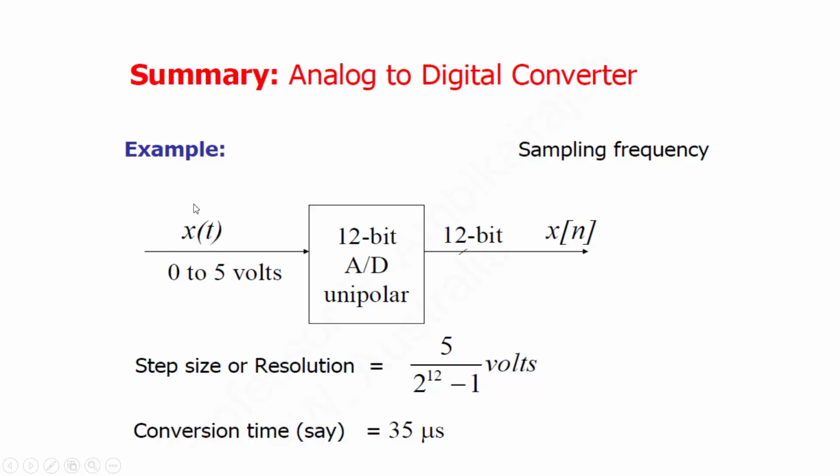We have an analog signal, x(t), in the time domain, a continuous signal basically. Let's say the maximum range of this signal is 0 to 5 volts. If it is applied to a 12-bit A to D converter, unipolar and bipolar I have already explained.